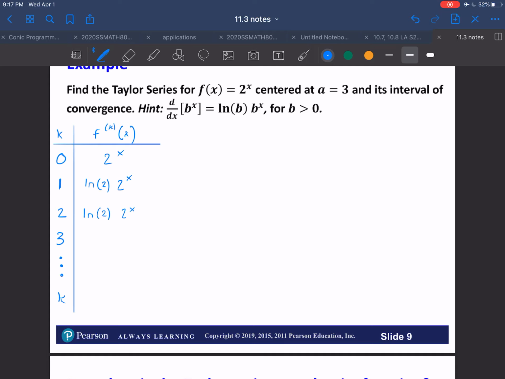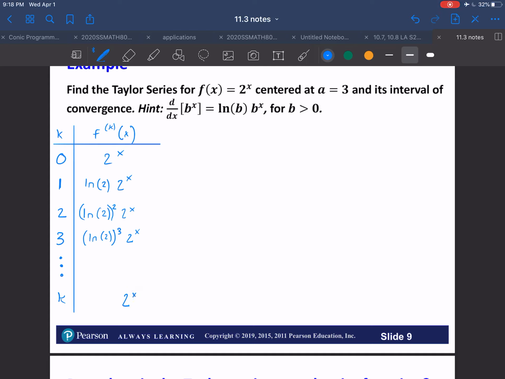So we can just write this as natural log of 2 squared. After that, it's the natural log of 2 cubed times 2 to the x. And hopefully by now you see the pattern. The idea is that this 2 to the x will always be there, so that's just unchanging.